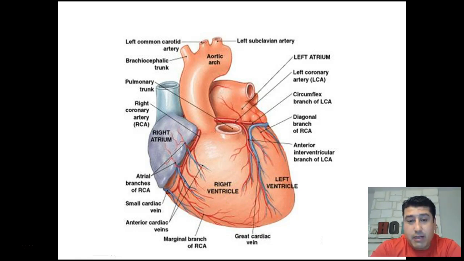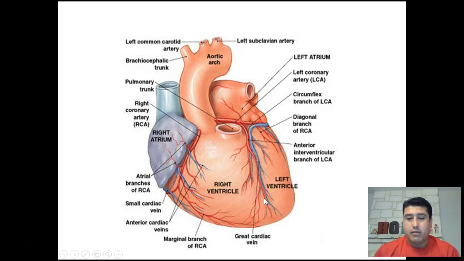All right, so I also mentioned it's a two-pump system. The first pump is the two atria contracting at the same time, and I'll explain why in a second. And then you have your two ventricles contracting at the same time just after the atria contract.